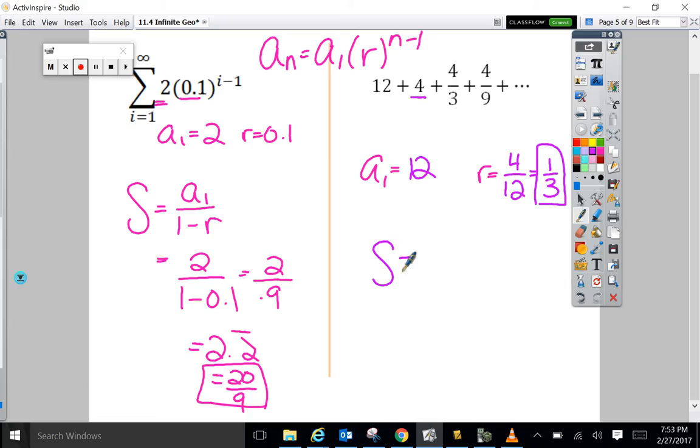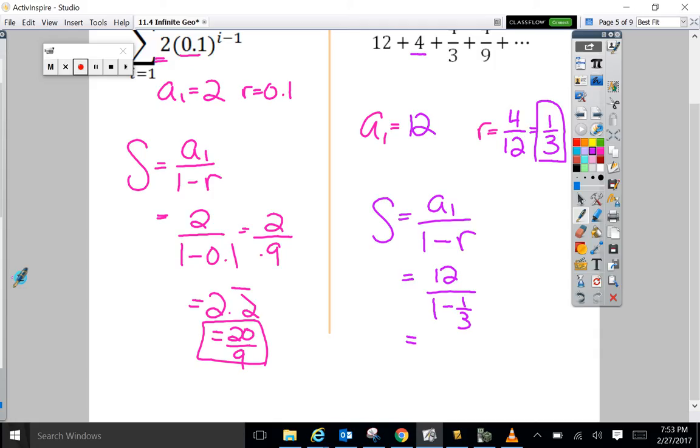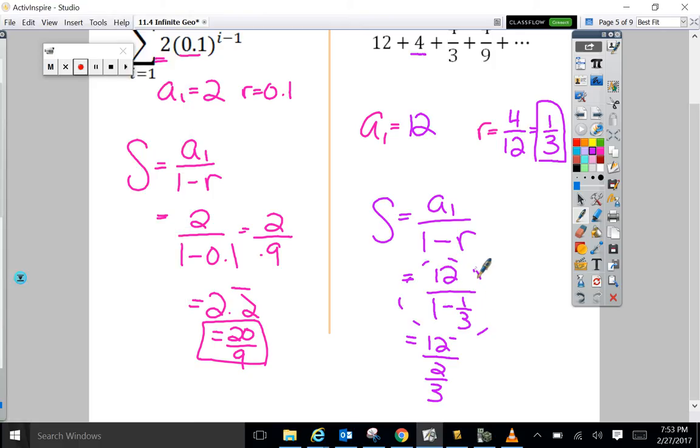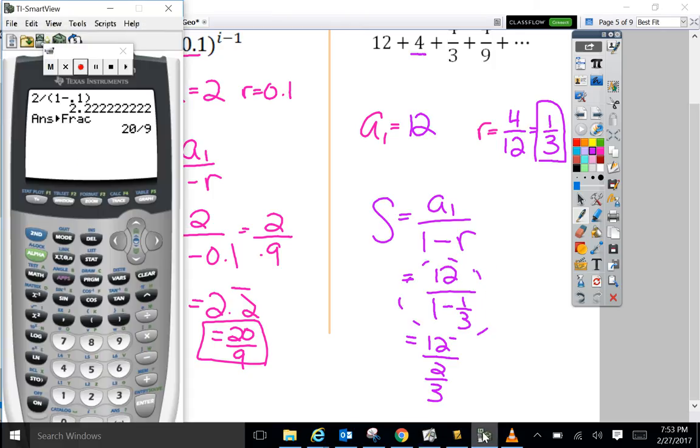So S is going to be a sub 1 over 1 minus r. So a sub 1 is 12 over 1 minus 1/3. Which is 12 over 2/3. Or if you're going to put this entire thing in your calculator, you need to be careful to put your parentheses.